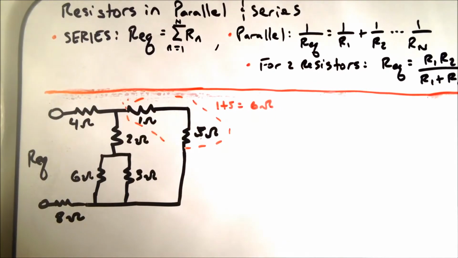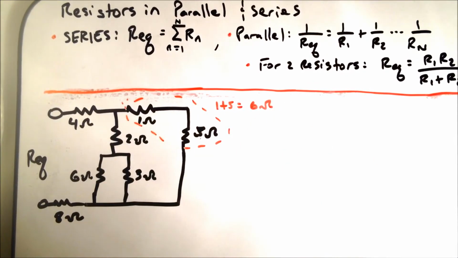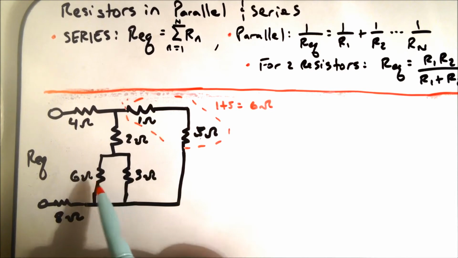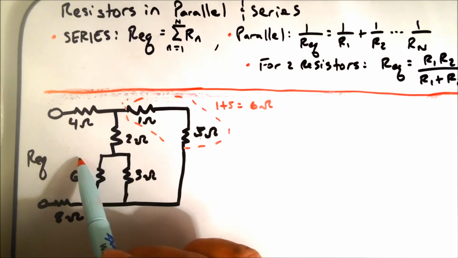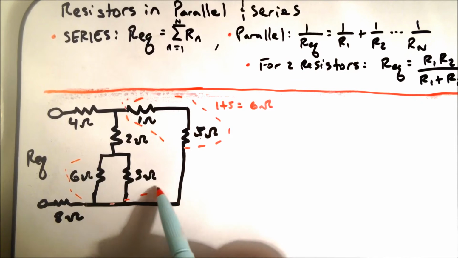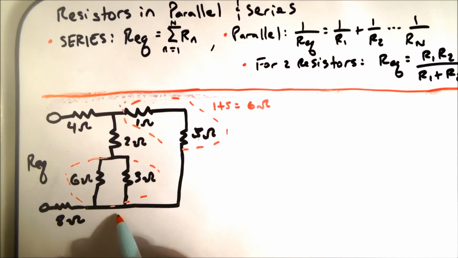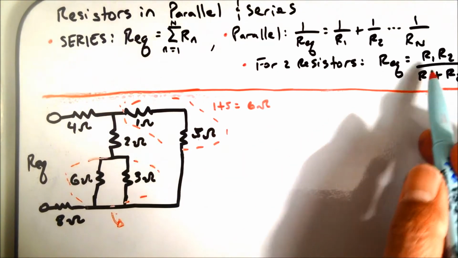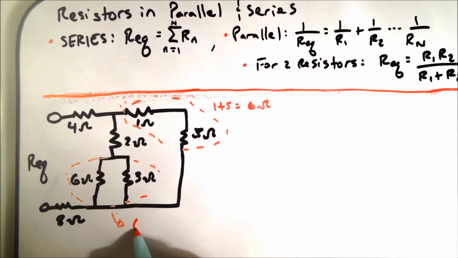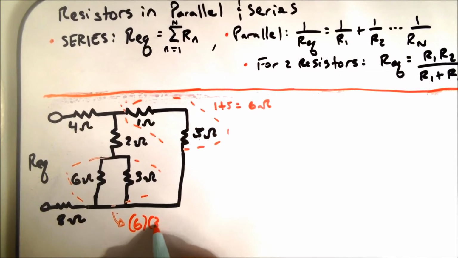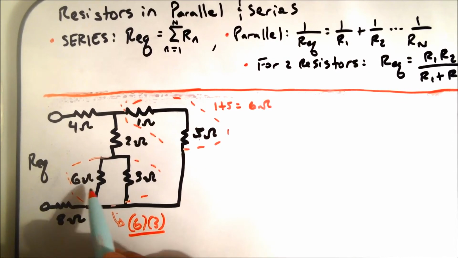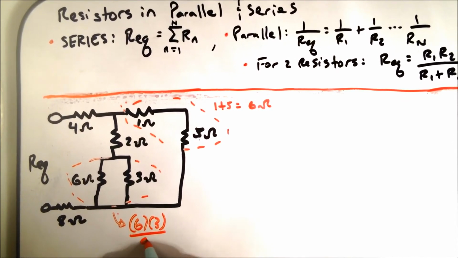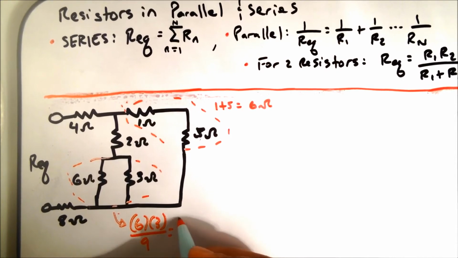so 6 ohms. Just something to note now before we rewrite the circuit. And here we have two resistors in parallel, so let's solve for the equivalent resistance there. Like we said, you multiply the two resistances, so 6 times 3, divided by the sum of them, which is 9. So you have 18 over 9, or 2 ohms.